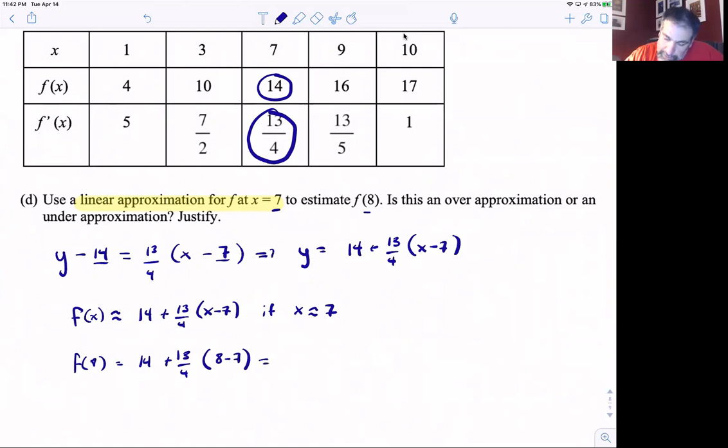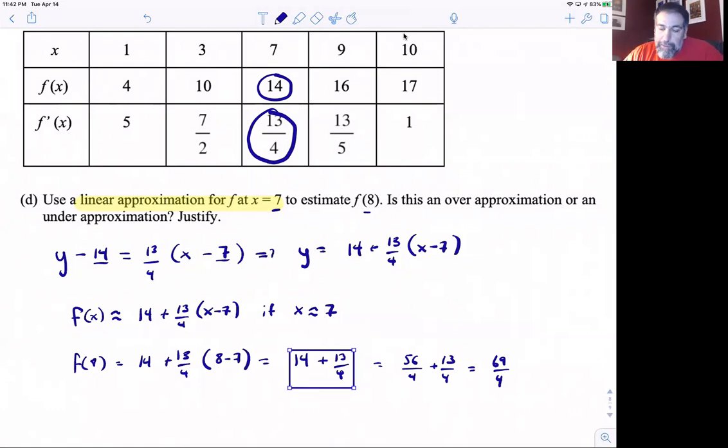So this is going to be equal to 14 plus 13/4, because 8 minus 7 is 1. 14 is 56/4 plus 13/4, which is going to give us 69/4. But again, we could have just left the answer right here on the AP exam. They'd be very happy to accept that.